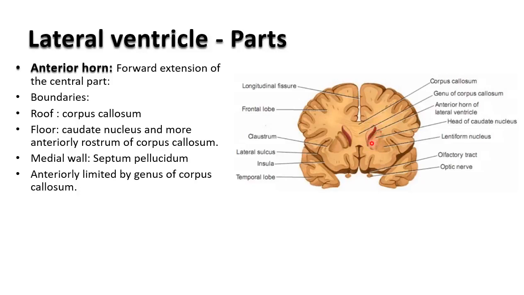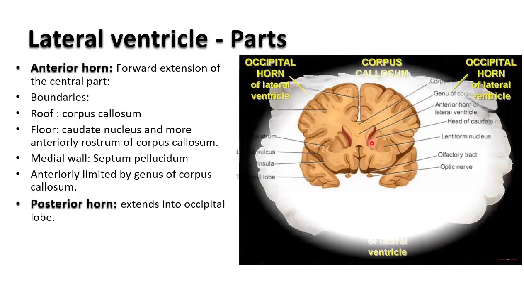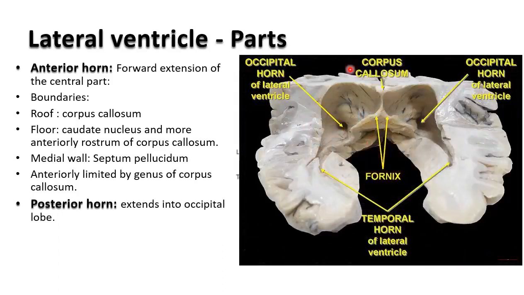Now coming to the other parts, the posterior horn extends into the occipital lobe. Here you are able to see the posterior horn. In a coronal section cut along the coronal plane in the occipital lobe, you are able to see the posterior horn of the lateral ventricle extending into the occipital lobe.